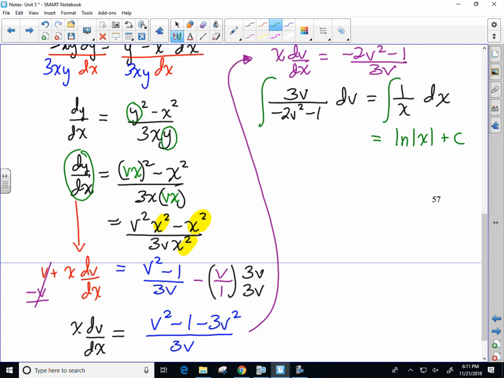That's a multiple of 3v. All right, so this is also a natural log. ln of the bottom. If I just left it like this, I would have a negative 4v. I don't want a negative 4, but I do want a 3.